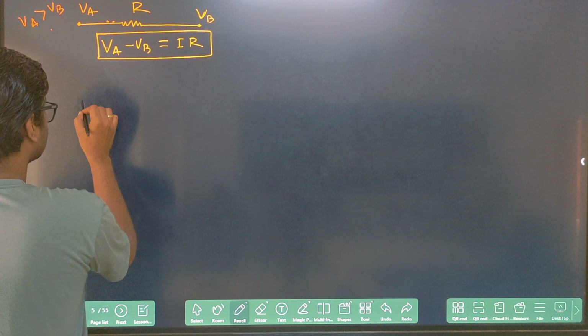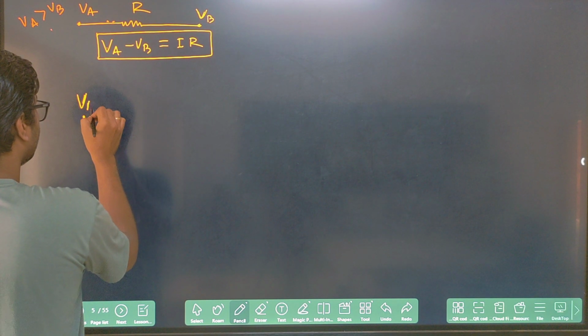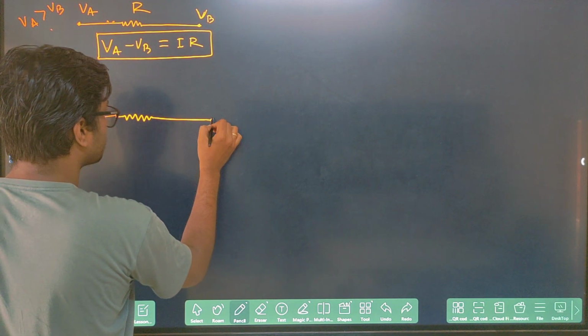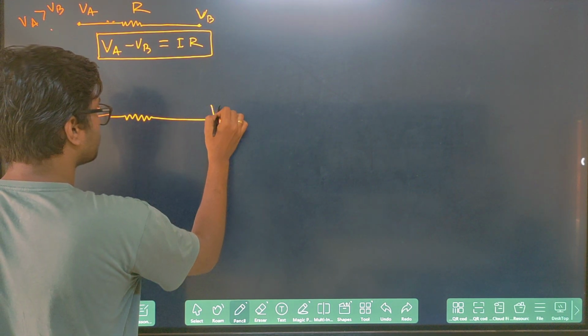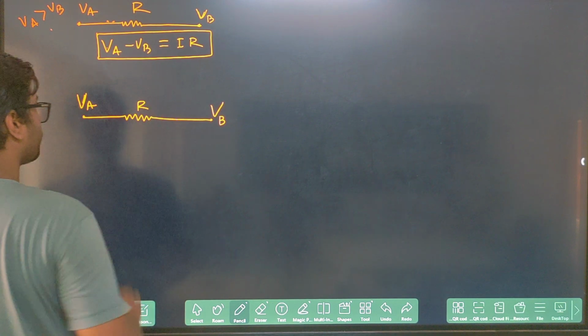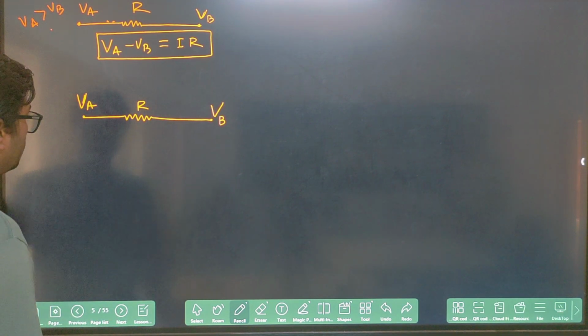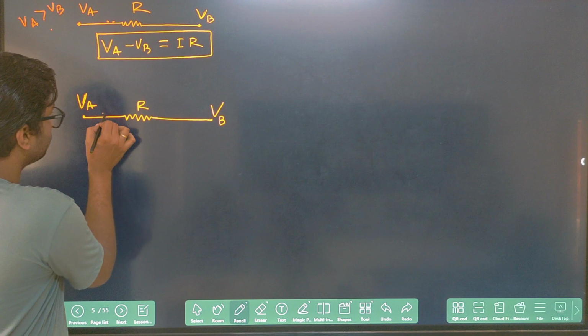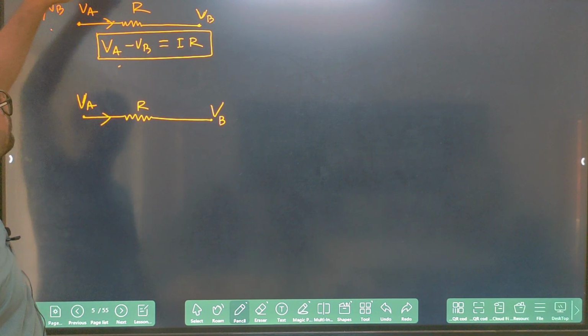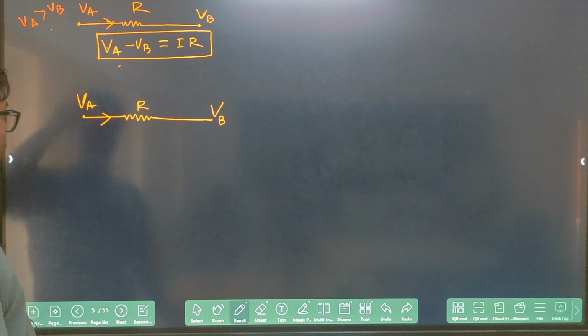This is VA and this is the resistance, and this is B, your VB, and this resistance is R. And the current obviously flows along this direction, because this is higher potential, this is lower potential.